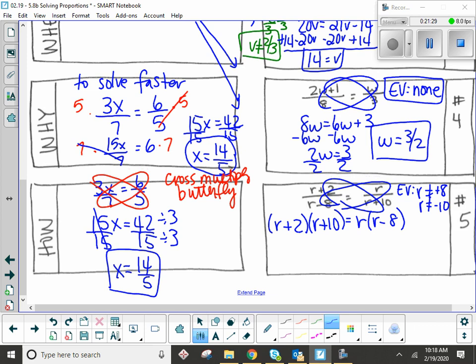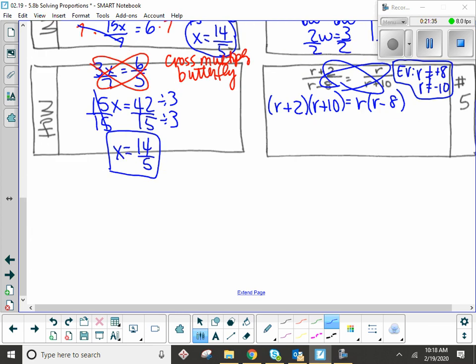Positive 8, and r can't be negative 10. I have this. Did you get that? Because I make mistakes quite often. Yes.